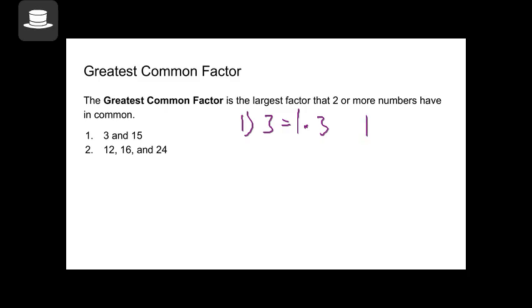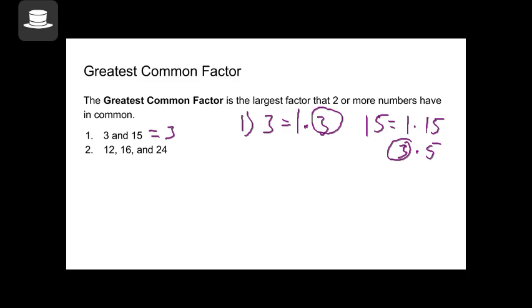But 15, I could say that it is 1 times 15. I could also say that it is 3 times 5. Now I want to look for the largest value that they have in common, and that would be 3. So my greatest common factor for number 1 would be 3.